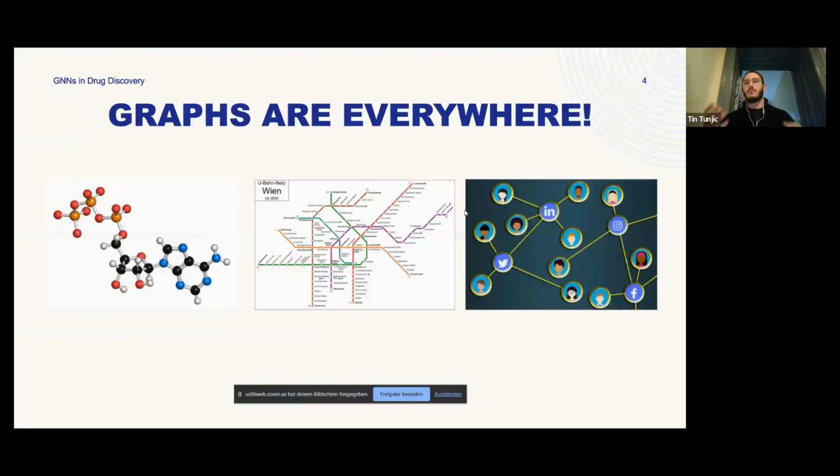Then we have the U-Bahn of Wien, which is also a graph where each station represents a node and an edge is just the connection between those two stations. And third, we have this social network that tries to look at the various connections between people, and if two people are connected, for example because they have the same interests, they will have an edge together.